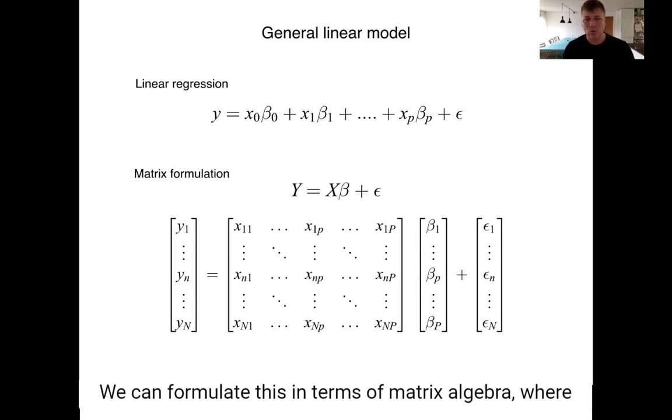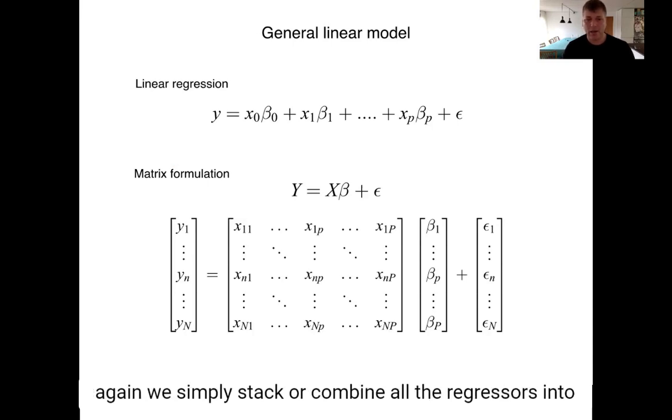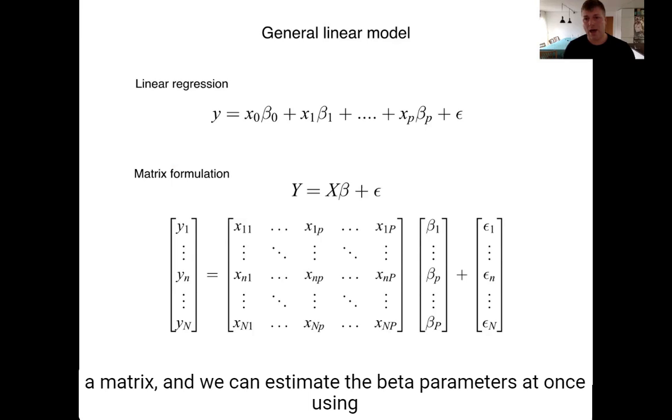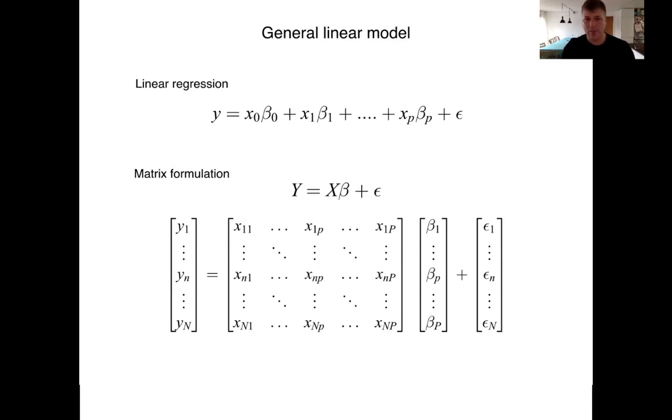We can formulate this in terms of matrix algebra, where we simply stack or combine all the regressors into a matrix, and we can estimate the beta parameters at once using linear algebra.